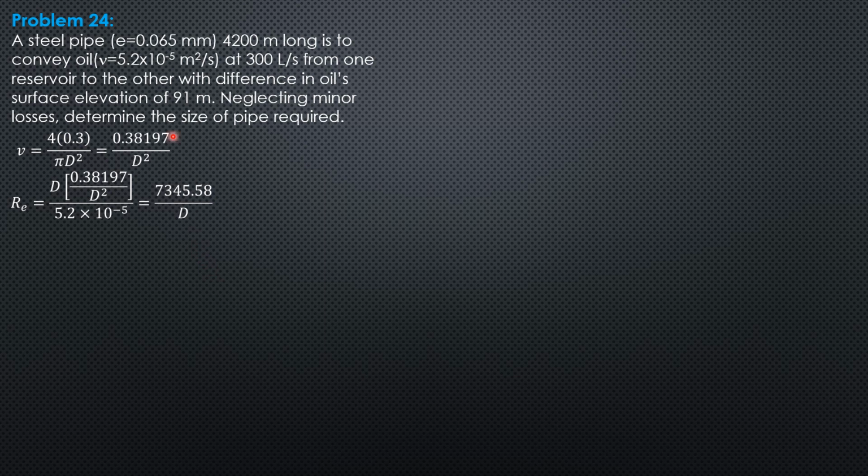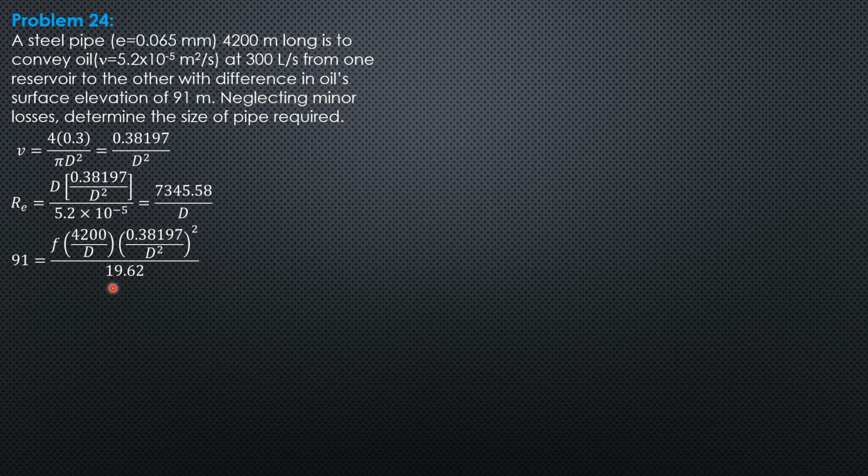And let's have the head loss, which is 91, and it is f, length over diameter, velocity head. So 91 equals friction factor, length over diameter, velocity 0.38197 over d squared, quantity squared, over 2g, which is 19.62.